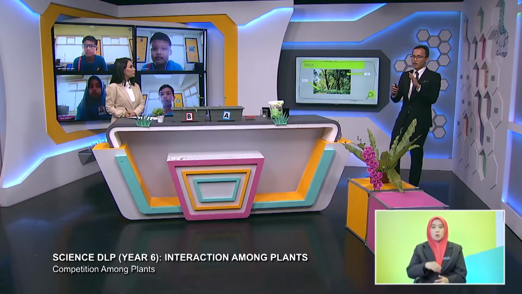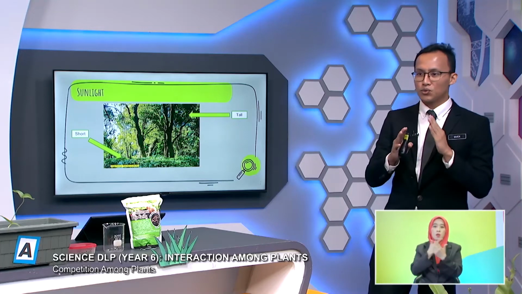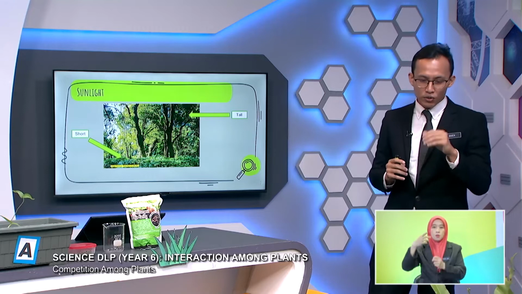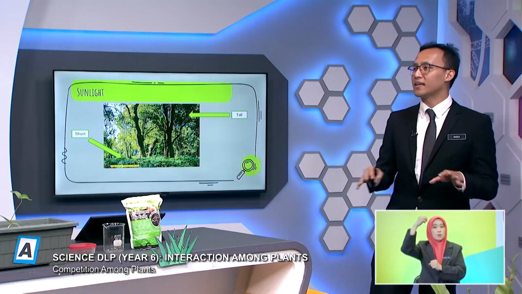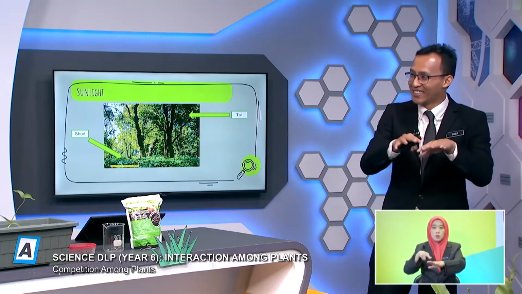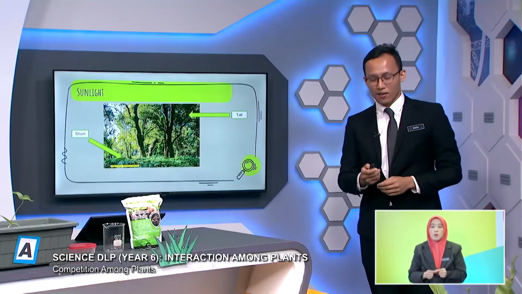The trees that are really high up compete for sunlight. They race to the top to see who can get more sunlight. And those trees which are stunted, they gave up. They adapt to the surroundings and decide it's not worth their time, so they just stick to the ground. So this is about competition for sunlight.